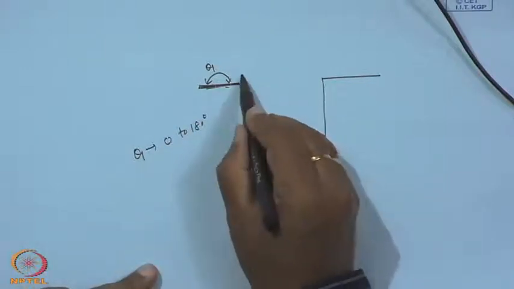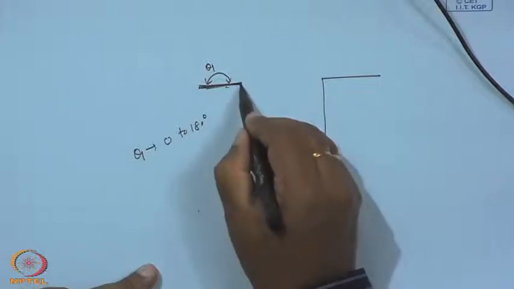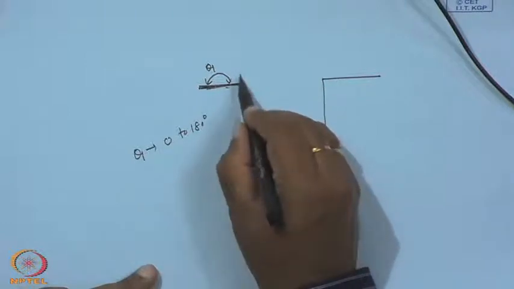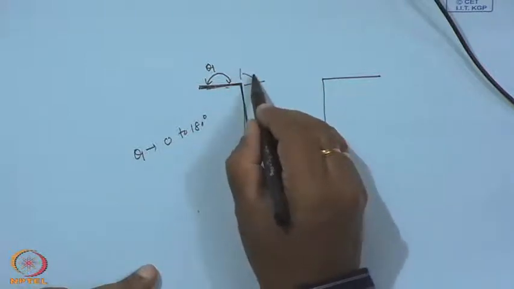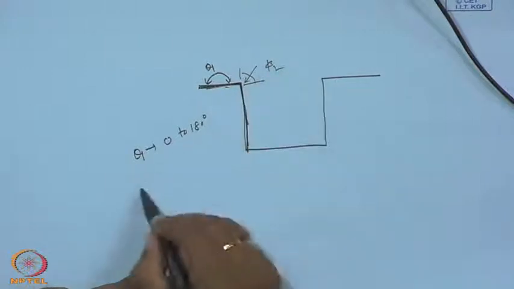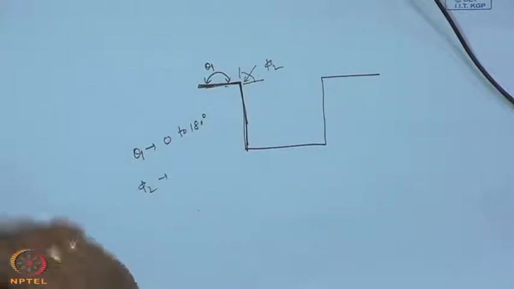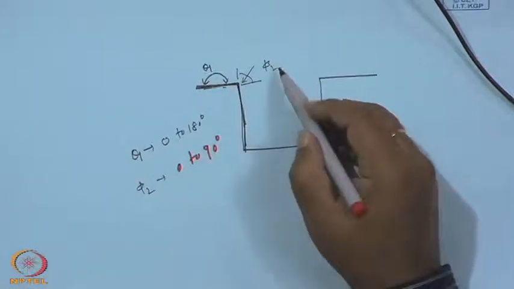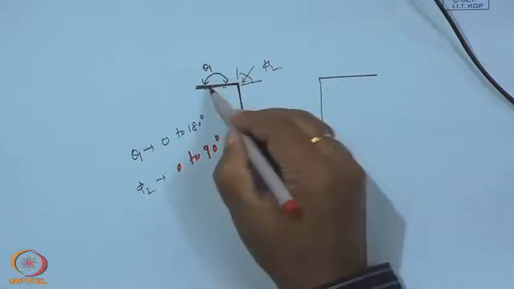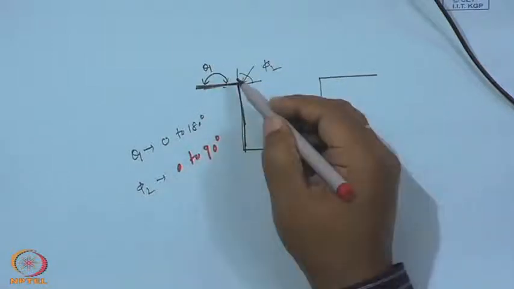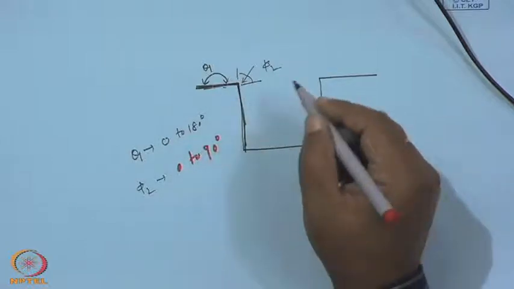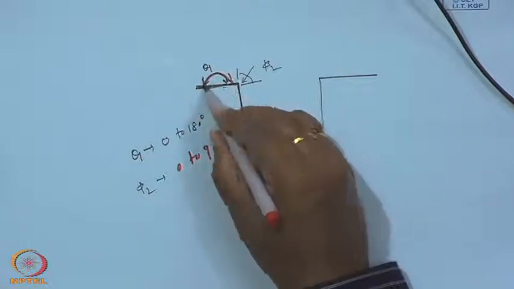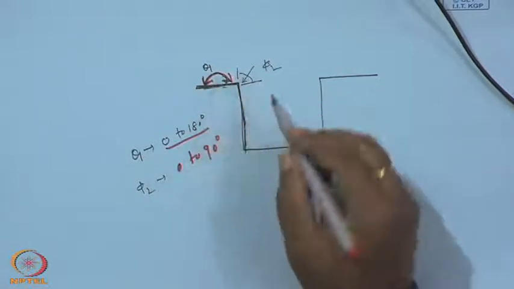Obviously, when we consider this vertical surface, the reactant molecules will come at an angle phi 2, but phi 2 will have values between say 0 to 90 degrees. So, one can see that the thickness here will be double, because thickness is dictated by the arrival angle, and since a wide angle is there, the thickness will be more.